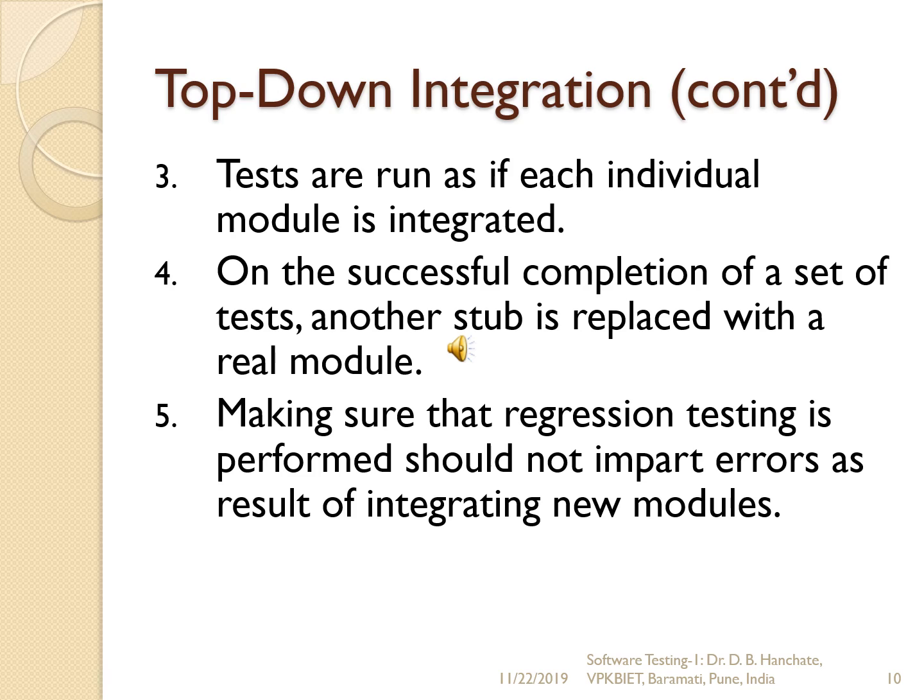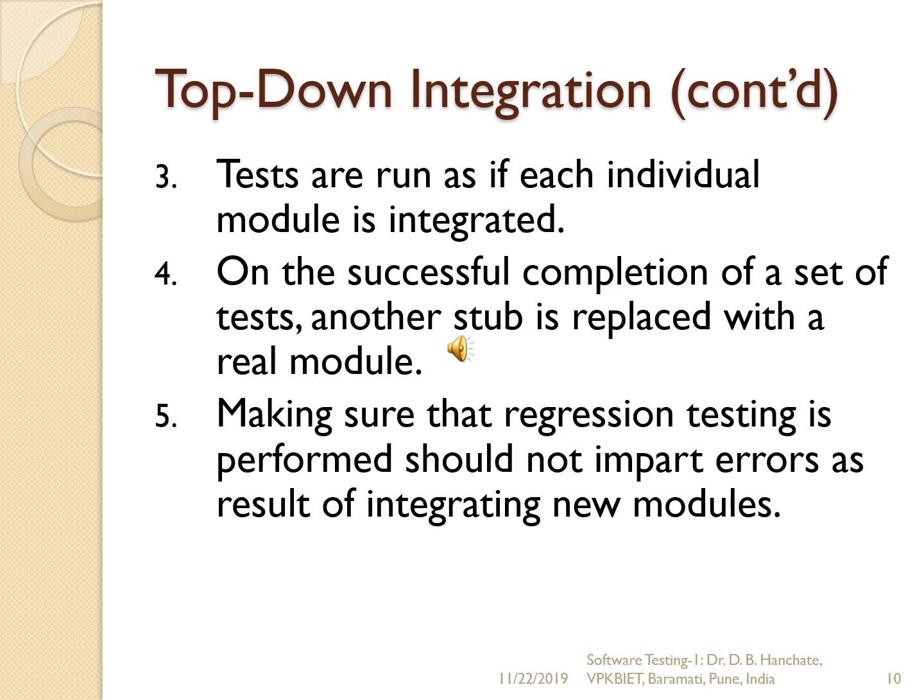In top-down integration, we will see now, the tests are run as if each individual model is integrated. On the successful completion of a set of tests, another stub is replaced with a real model.